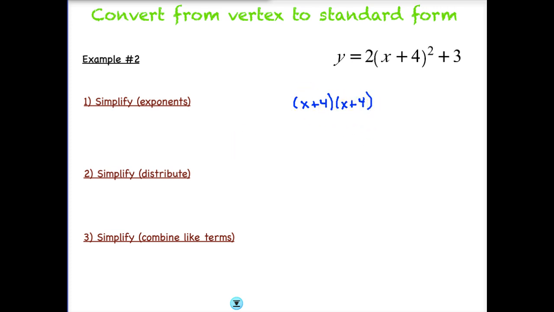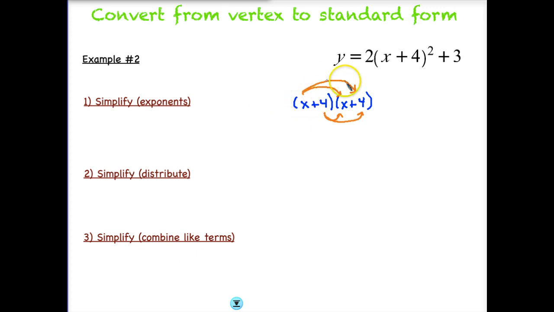So remember that we need to FOIL, some people call it, or distribute. So we're going to do this x term times this x, and the x term times 4. Then we'd move on to the 4 and do 4 times x, and we're going to do 4 times 4.